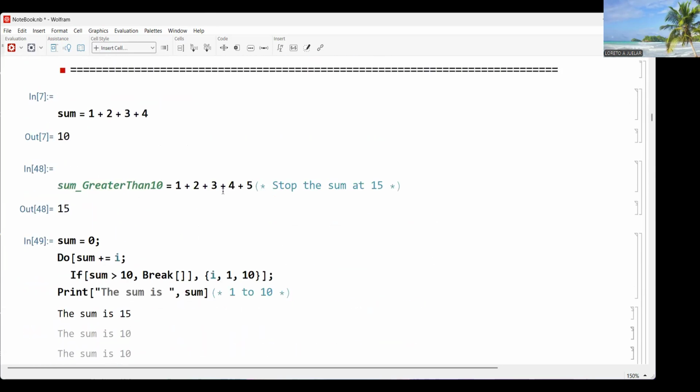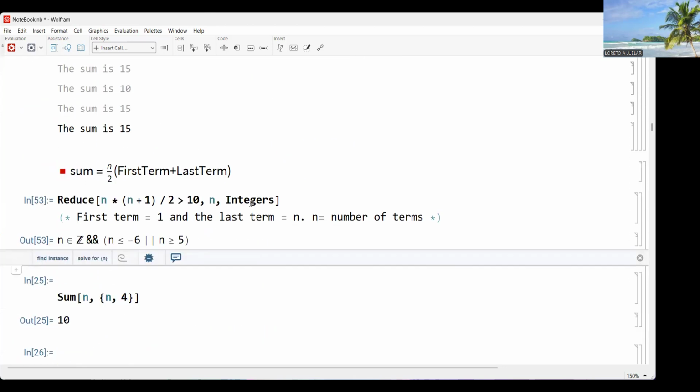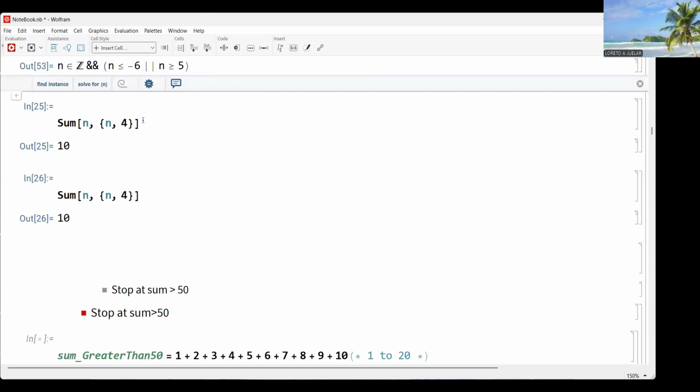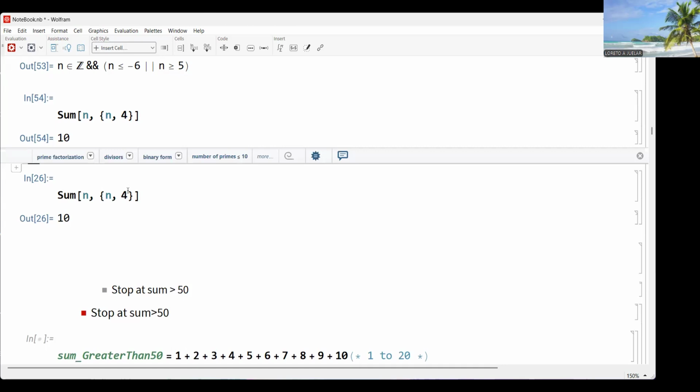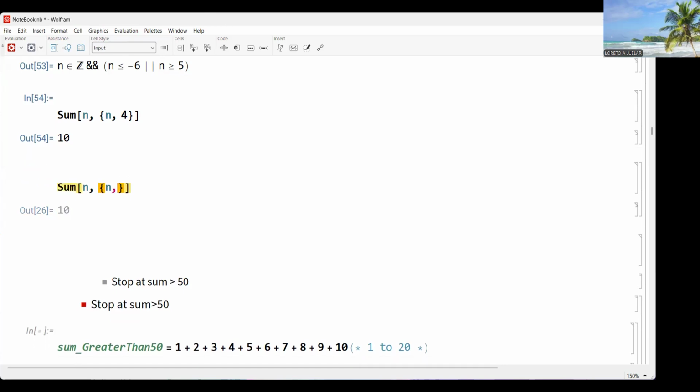So we have 5 terms, which is equal to 15. But if it has only 4 terms, then it is just equal to 10. So we have the sum from 1 to 4 equal to 10, and the sum from 1 to 5 equal to 15.